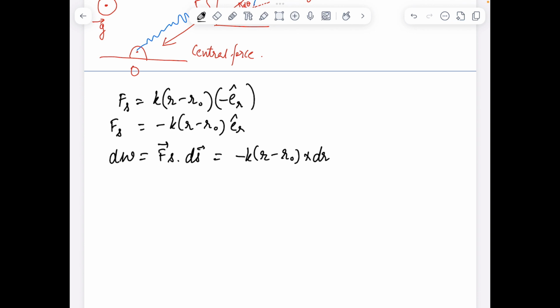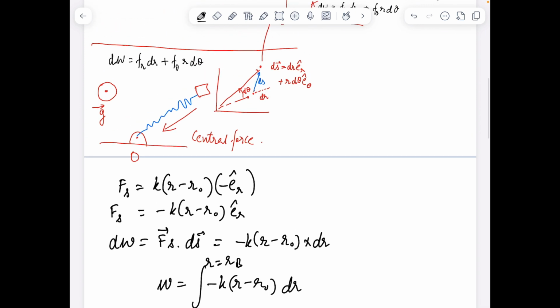So then we have the work of the force itself. We integrate that: minus K (R minus R naught) dr from R equals Ra to R equals Rb. Of course, let's say the spring initially is at Ra, and later on it is at Rb.